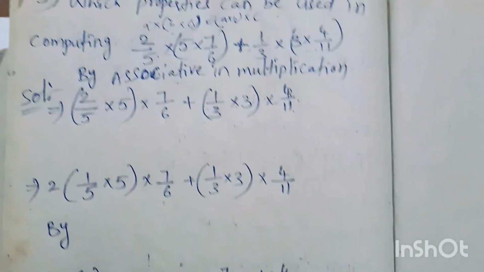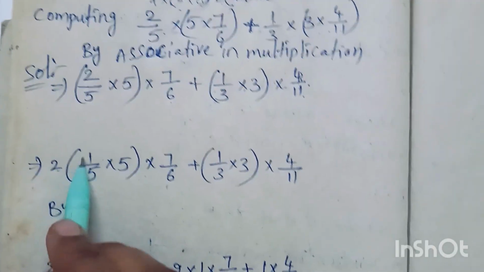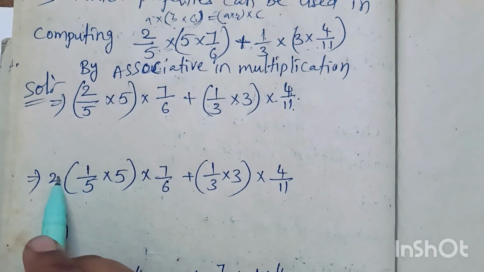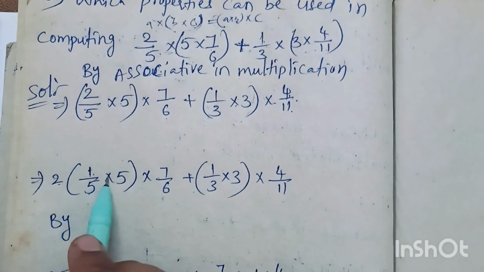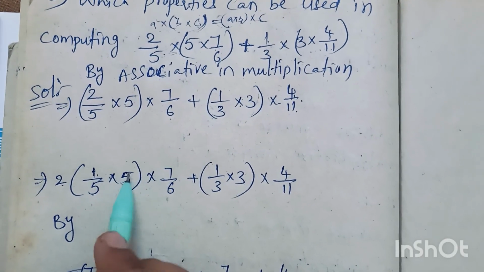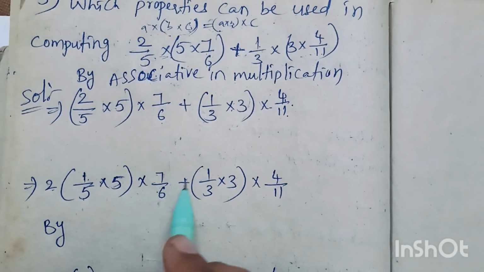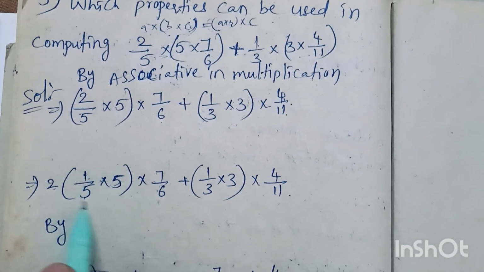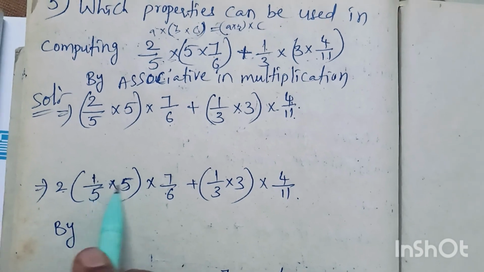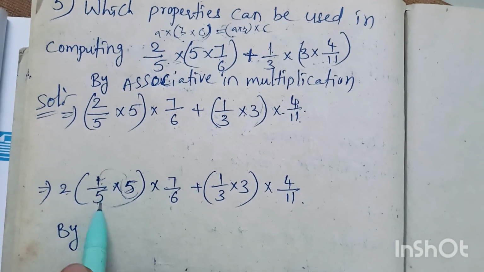And next, if you observe here, 2 is there, no? If you take 2 common, what is remaining? 1 by 5. 2 into 1, 2. 2 by 5, same number we will get, no? Into 5 by 5 into 7 by 6 I have written as it is, plus this one I have already written as it is. Now if you observe here, which property is this one? 5 is one number and its multiplicative inverse is 1 by 5.